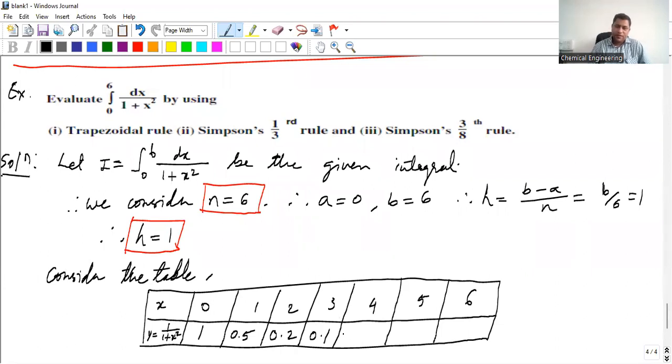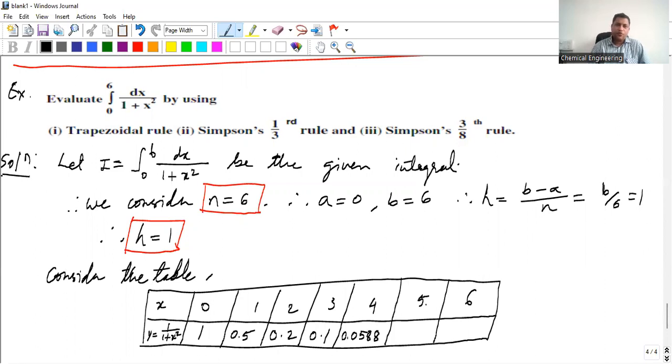What is the value of 1 by 17? 0.0588. So we consider 4 digits.